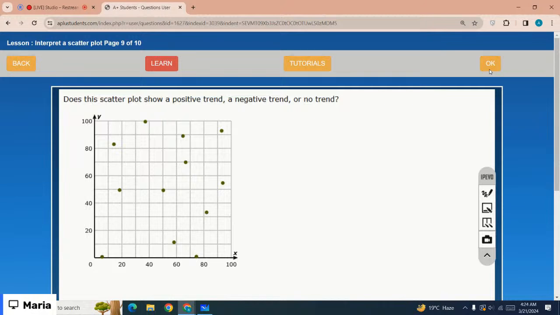Does the scatter plot show a positive trend, a negative trend, or no trend? Which is the correct option?